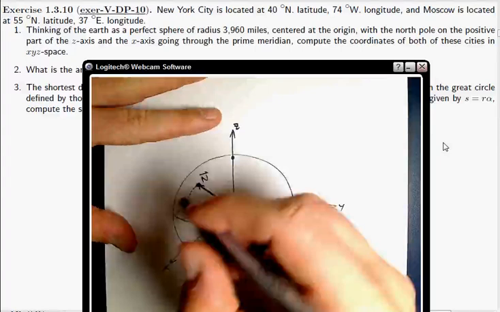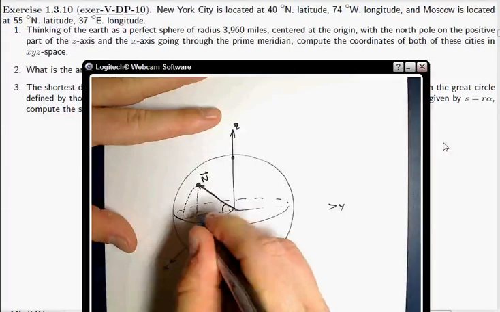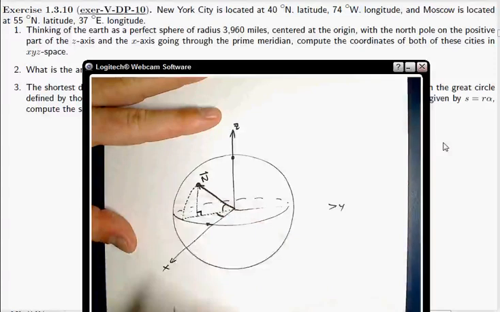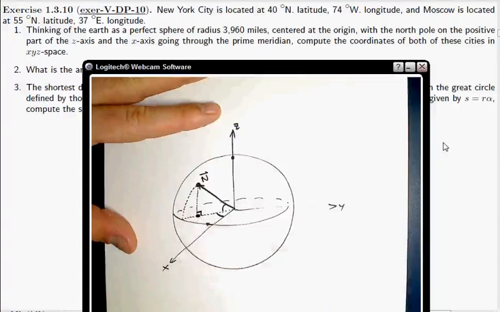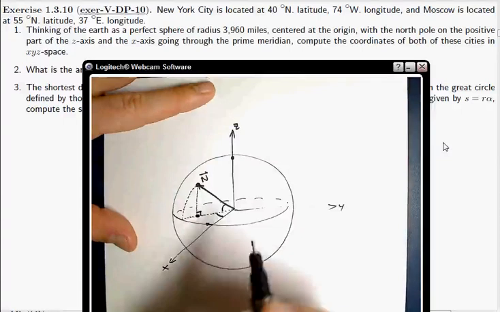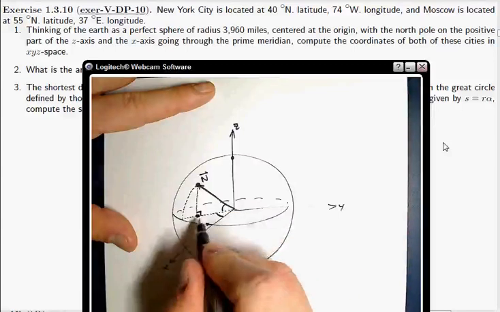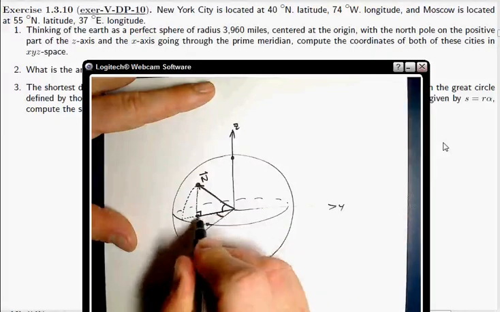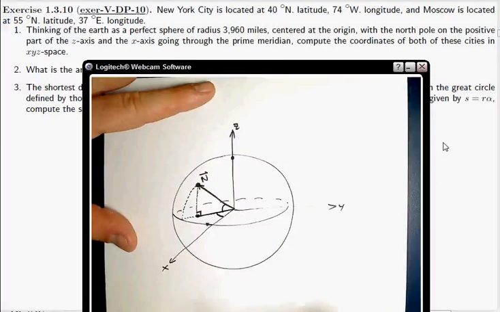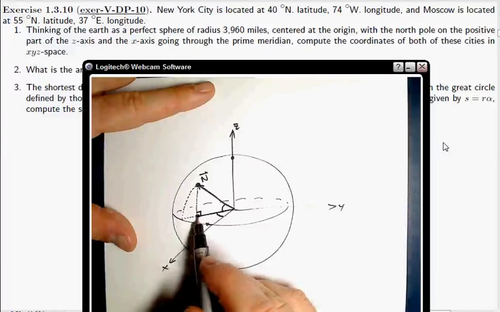So let me drop a perpendicular here. And let's first try to find the coordinates of that point. Well, that point, I know what angle it's coming away from the origin at, and I can compute this distance. This is not the same as the radius of the Earth, right? Because the radius of the Earth goes all the way out to here. So this point here is actually deeply embedded inside the Earth.